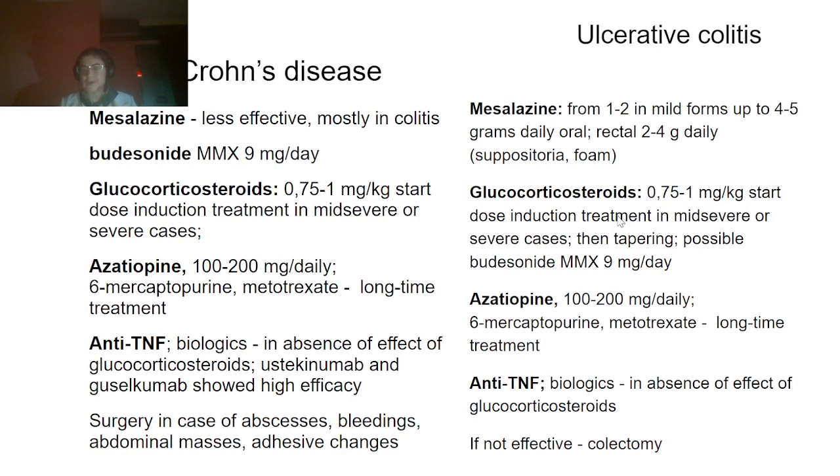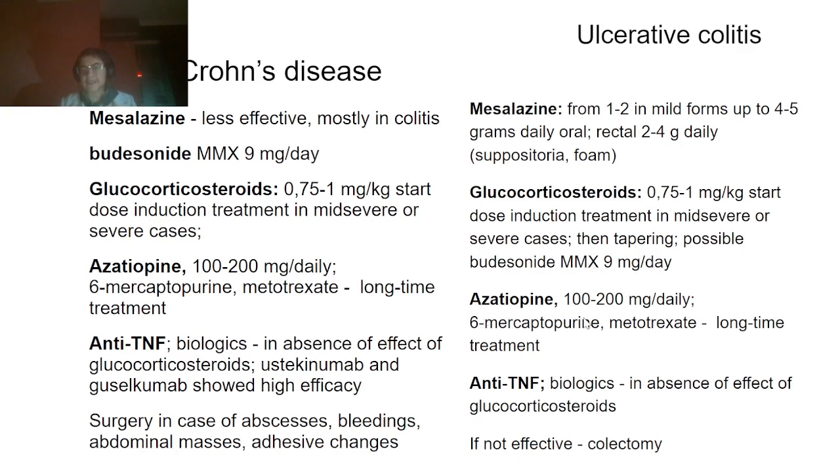The other glucocorticosteroids are recalculated to prednisolone by the number of tablets. And then after induction treatment, the dose is tapered. About budesonide, it is possible to use it, but it is less effective.